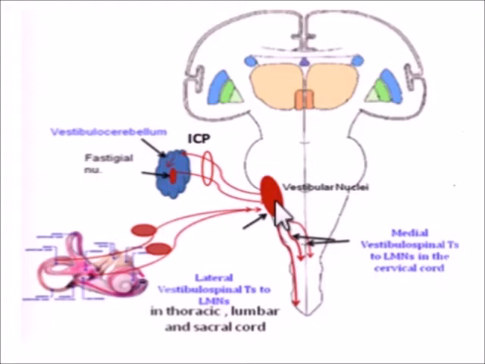From the vestibular nuclei, the fibers go to the flocculonodular lobe, or the vestibulocerebellum, through the inferior cerebellar peduncle, and these fibers end up in the fastigial nucleus in the vestibulocerebellum.